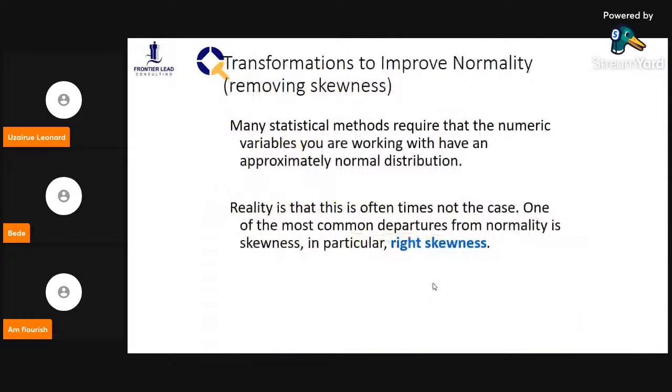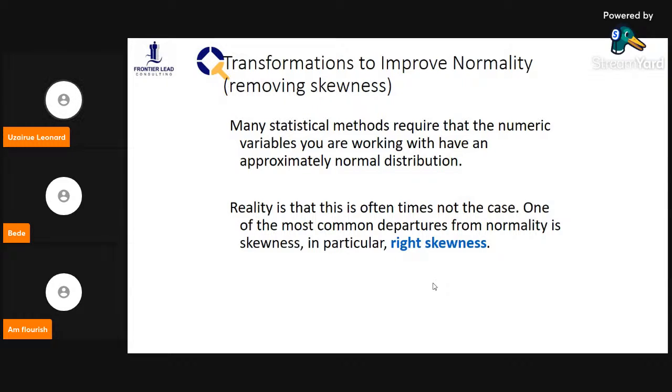Now, there are some other things I will just mention. Usually, when you run data and the data is not normally distributed, there is actually a remedy that you are supposed to do, which is you transform the data.